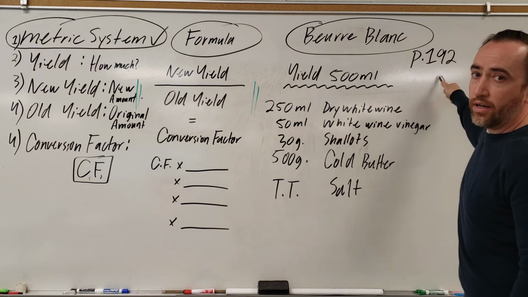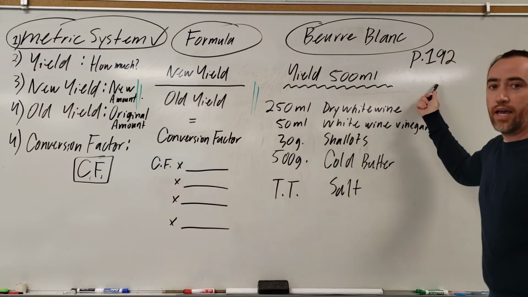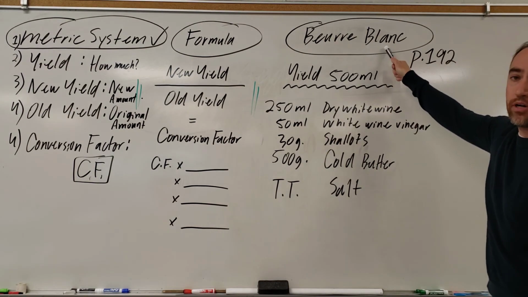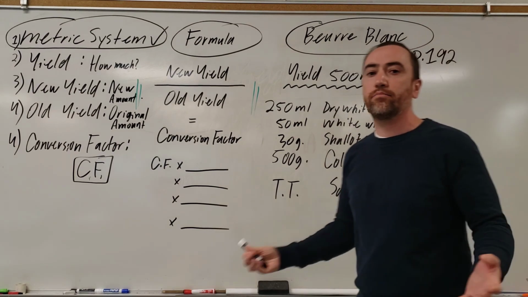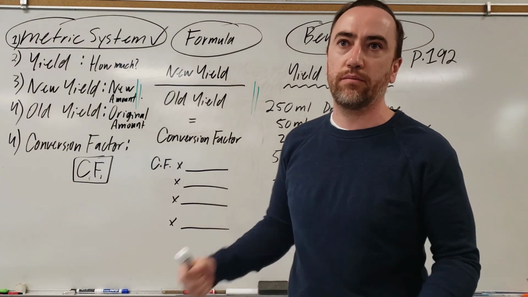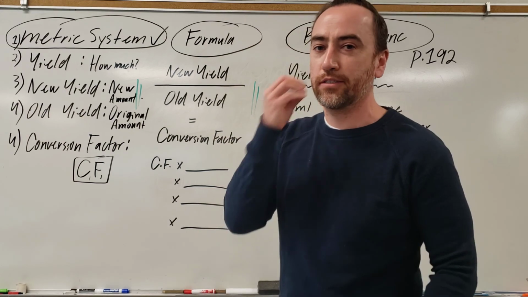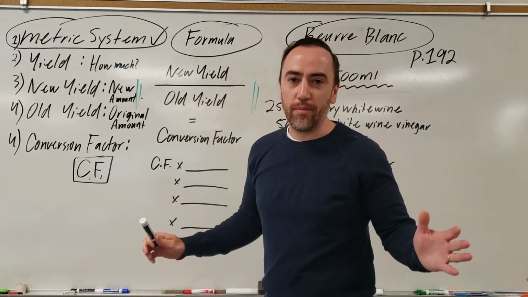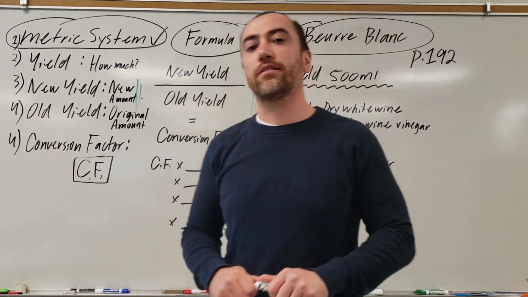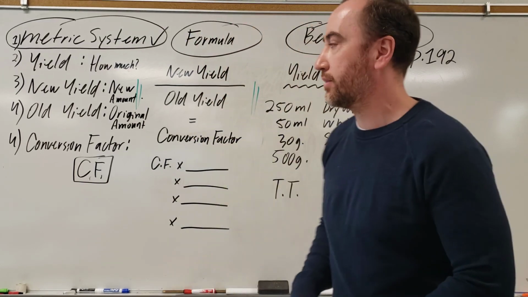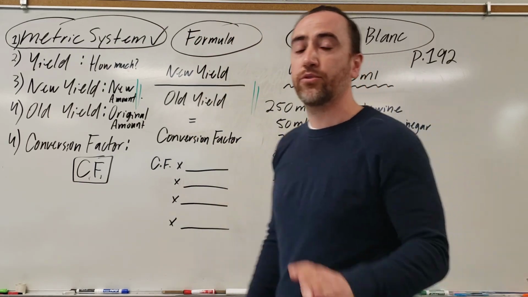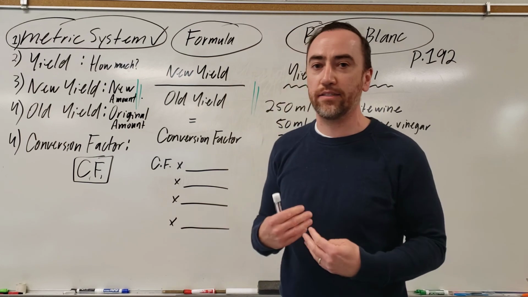If you go to page 192 in that textbook, you're going to find a recipe for beurre blanc, okay? What is that? It doesn't matter. It's a white butter sauce, often paired with seafood. Delicious. But we're not making it. We're just using it as an example to teach you about kitchen math. And by the way, kitchen math, I'm sure, is all of your favorite subjects, as it is mine.